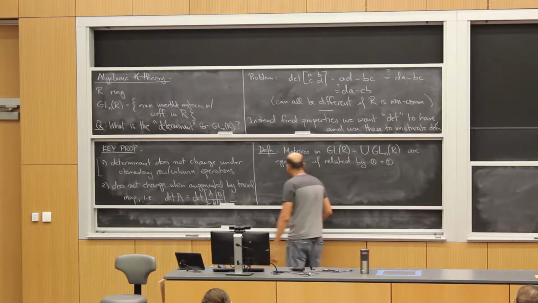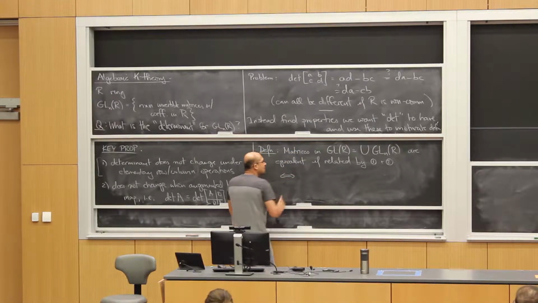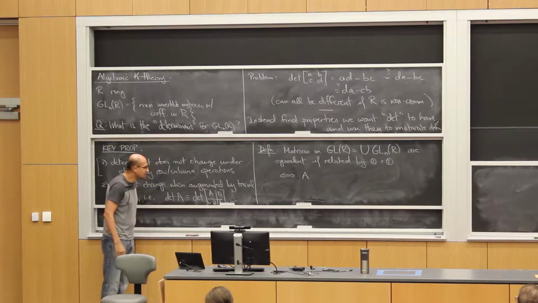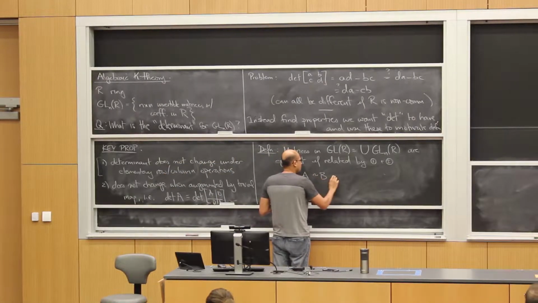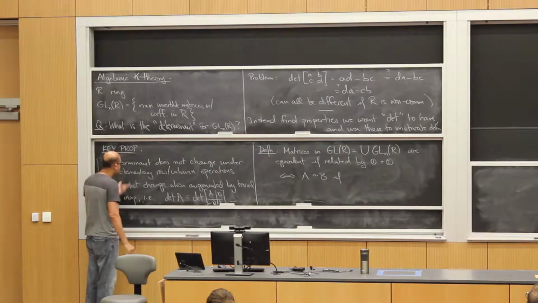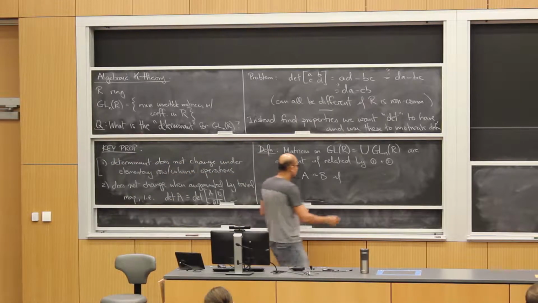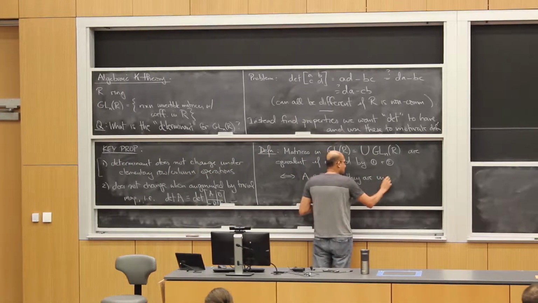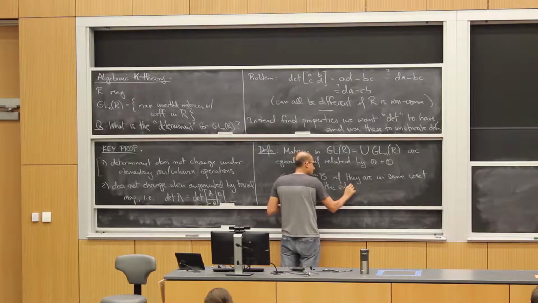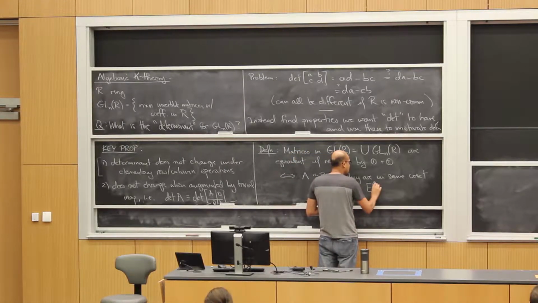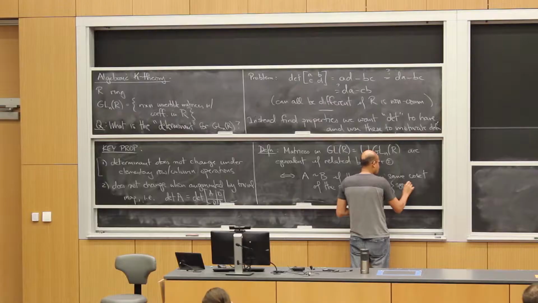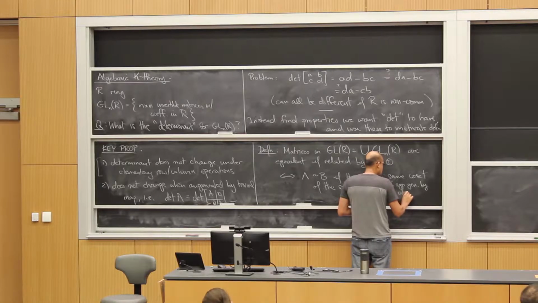Well, two matrices are related if, after you augment them so they have the same size, A is related to B if they lie in the same coset of the subgroup, let's say E(R), which is the subgroup generated by elementary matrices.